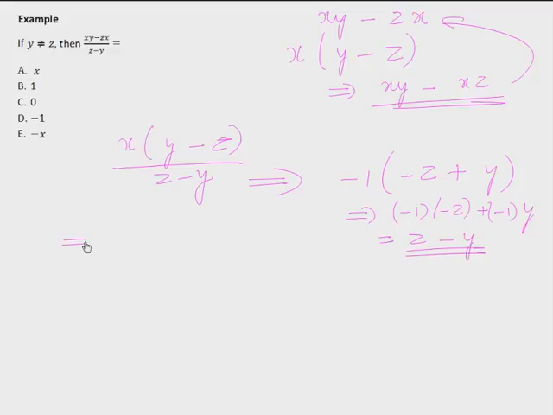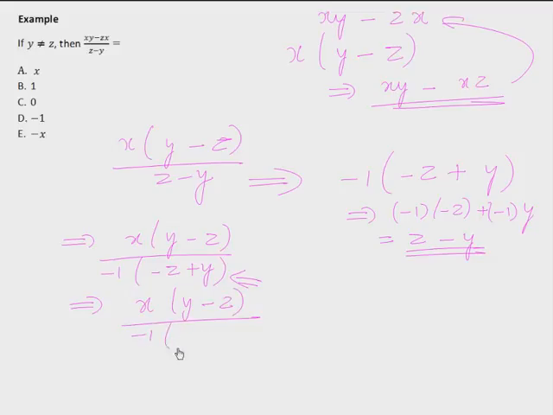So I can write this as x into (y minus z) over minus 1 into (minus z plus y). But what is minus z plus y? Minus z plus y is the same as y minus z. So let me rewrite it as x into (y minus z) over minus 1 into (y minus z).